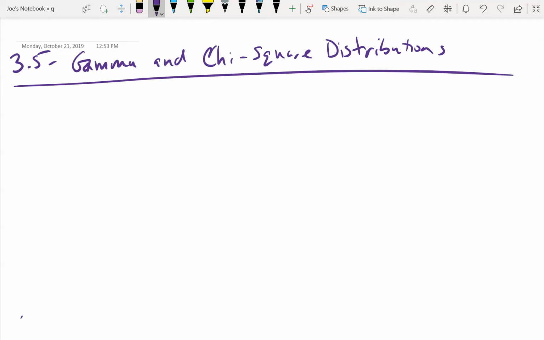So if you've got something like lifetimes, for example, how long something lasts, you would expect that eventually it's going to die off, right? So something like the exponential distribution is good for modeling those kinds of things.